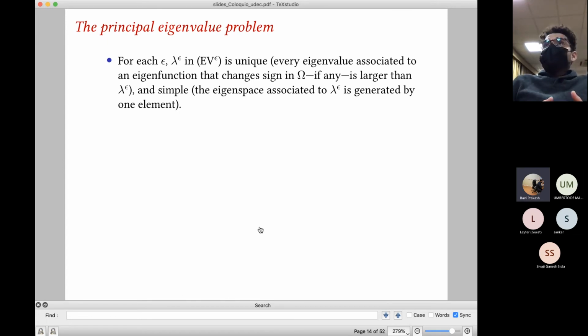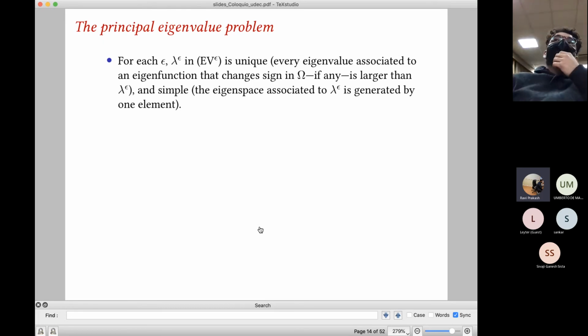So, properties of the principal eigenvalue: first, it is unique in the sense that every other eigenvalue is associated to an eigenfunction that changes sign in omega and is larger than this principal eigenvalue. And it is simple in the sense that the space generated by the eigenfunctions is one dimensional.